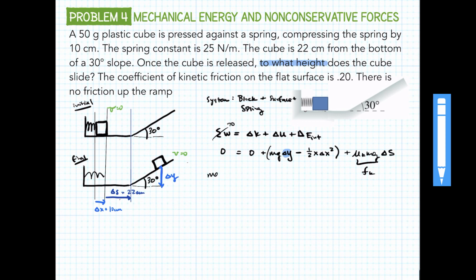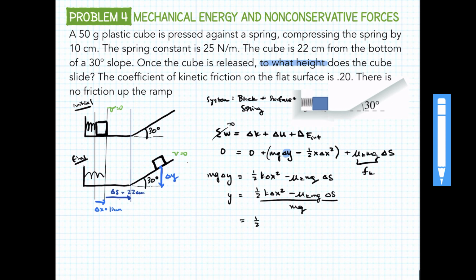So let's do some algebra. That's going to be 1/2 k delta x squared minus mu k mg delta s. So y is equal to 1/2 k delta x squared minus mu k mg delta s over mg.